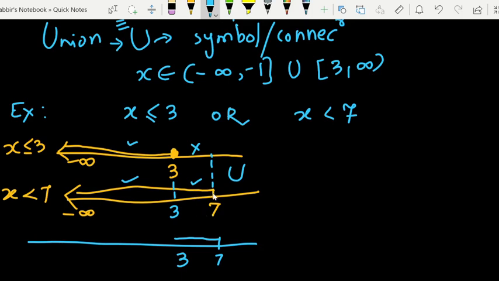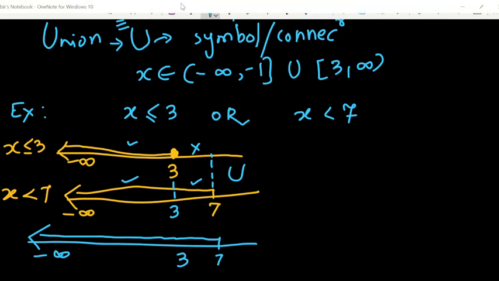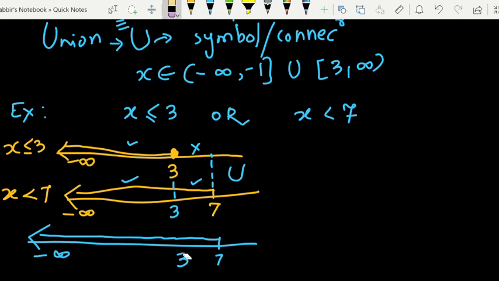Whatever the common or not common solutions, everything we have to take. So it will go on like this. The answer would be minus infinity to 7, guys. Okay, x belongs to minus infinity to 7. So likewise we can do things.